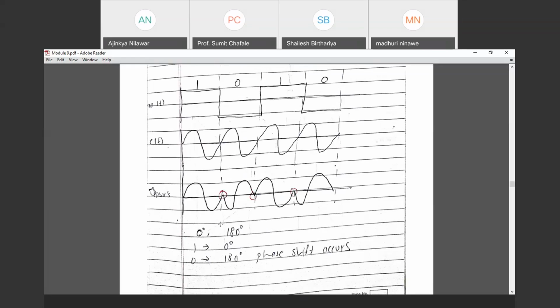That means each phase shift is of 180-degree. That means in one symbol there is no phase shift and in another symbol there is a 180-degree phase shift. So while drawing the diagram, I am considering that whenever data 1 is there, there is no phase shift. That means whatever carrier signal we consider stays as it is. And if 0 data is there, 180 phase shift occurs, or vice versa.